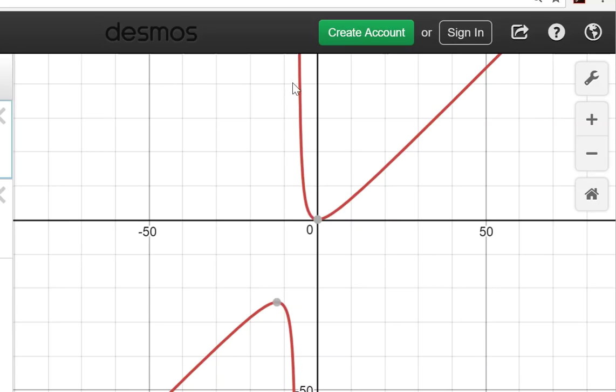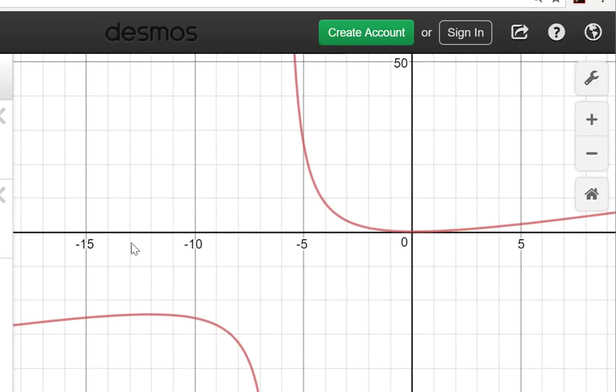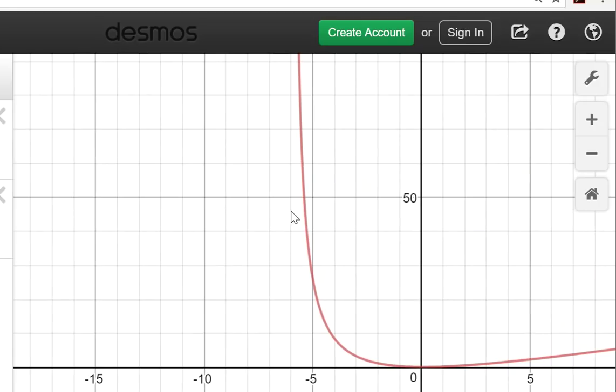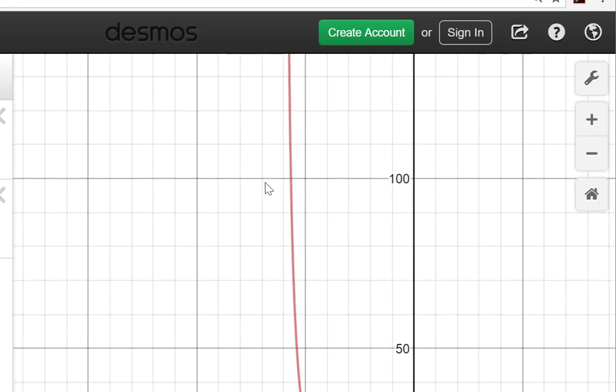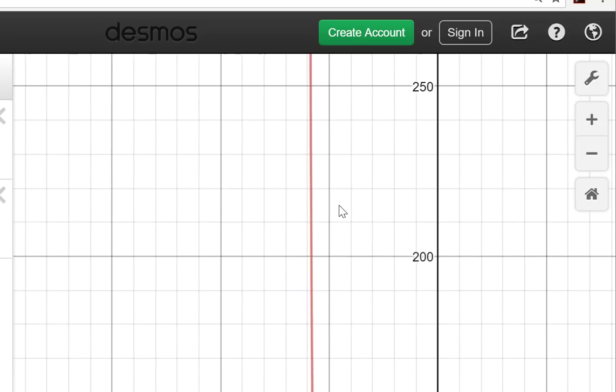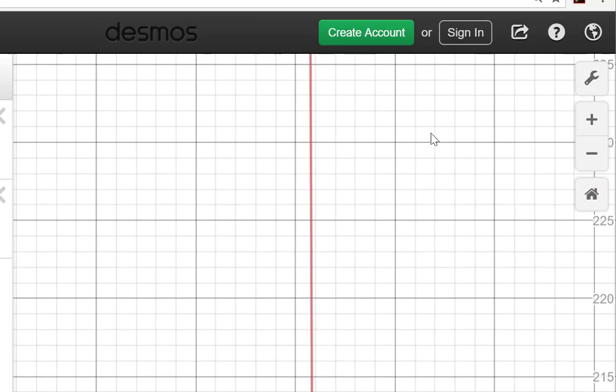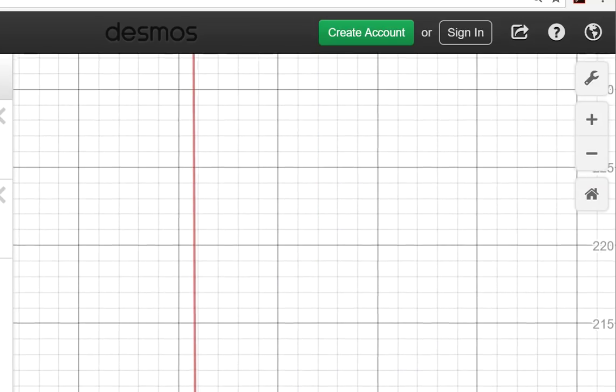If we were to zoom in further right here, there is this asymptote that occurs right here, and you'll notice that it's getting closer and closer to -6. And what we talked about before is that with asymptotes, the graph approaches the line but will never touch. So that keeps going on forever.